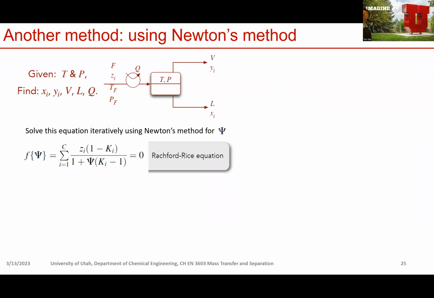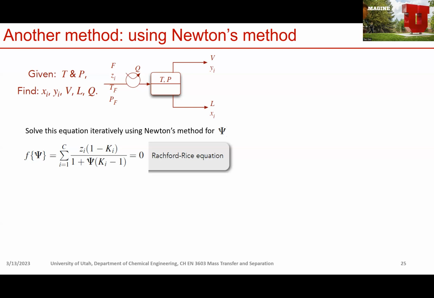Most likely, you won't do it by hand, because in real cases the process is just too complicated. There will be commercially available software that integrates all these equations we've talked about in our class, and you can just use the software to do the process design. But again, you have to understand the basics, and you have to understand how to set the parameters. So Newton's method is a more common algorithm used to solve this problem.